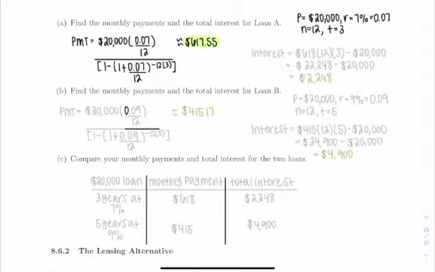To figure out the total interest for the loan, you're going to take your monthly payment, which, let's round it up to 618. We're going to multiply by 12 because that's how many times I pay in a year, and we do that for 3 years. And we're going to subtract off the original loan amount, which was $20,000.